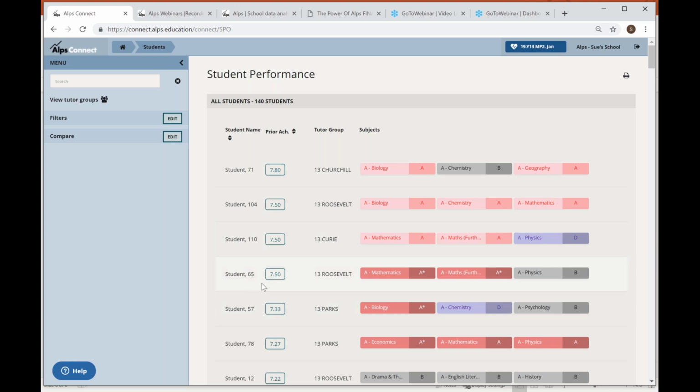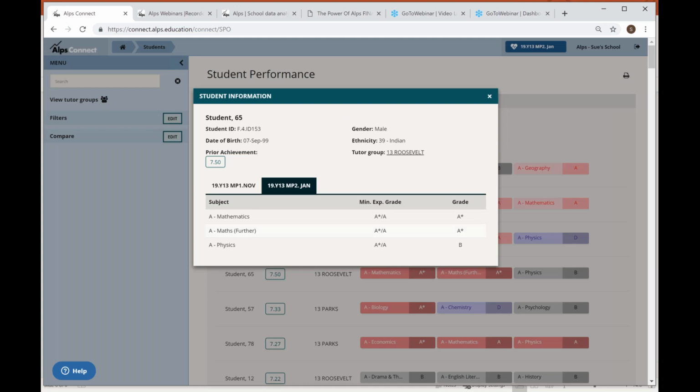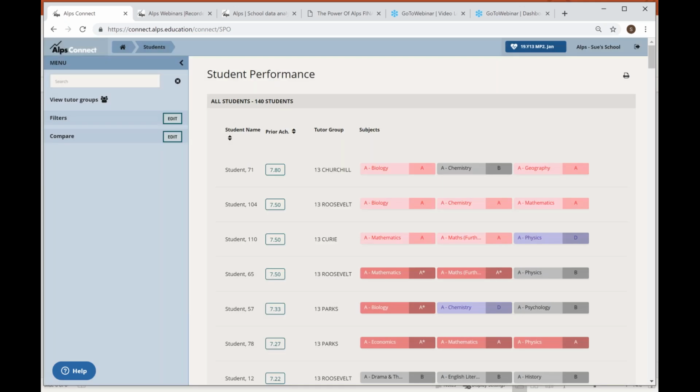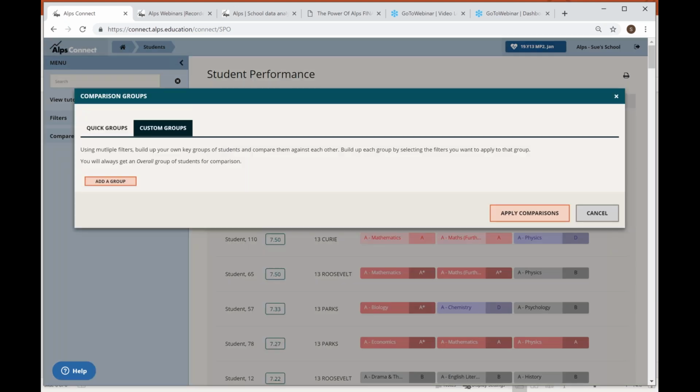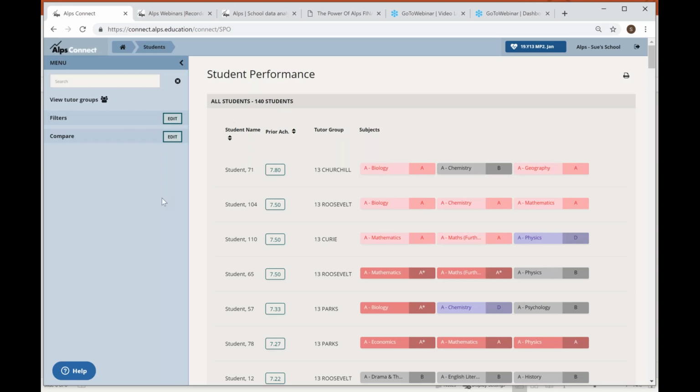So if we look at this student, then that A star A, A star A star B, so these 2 are going to be red because they're on target, and that B's below, so it is going to be black. Hopefully that makes sense.